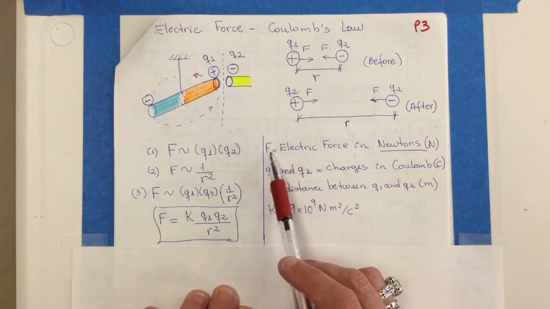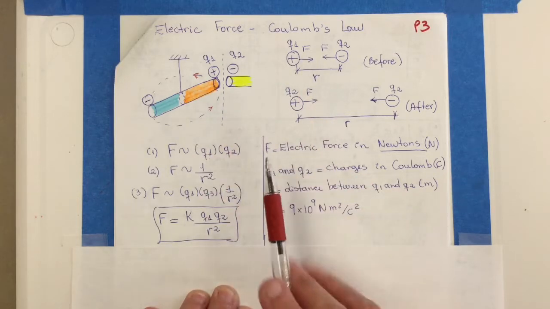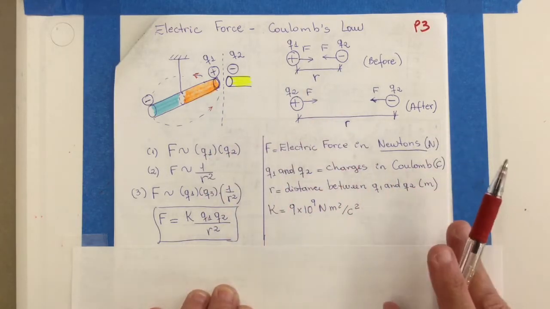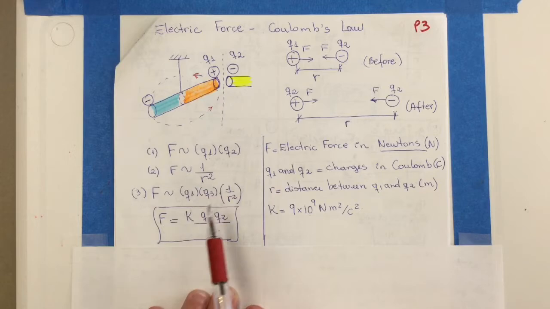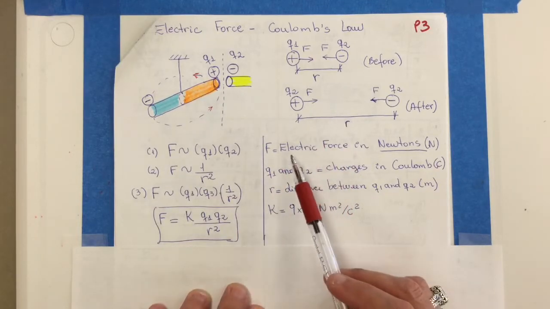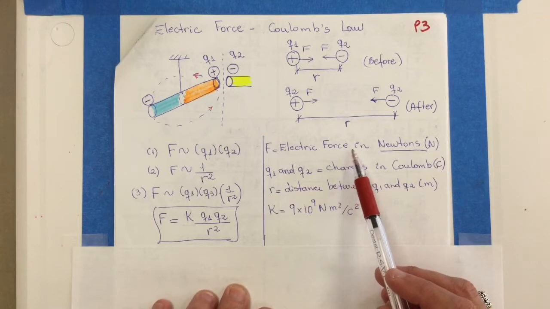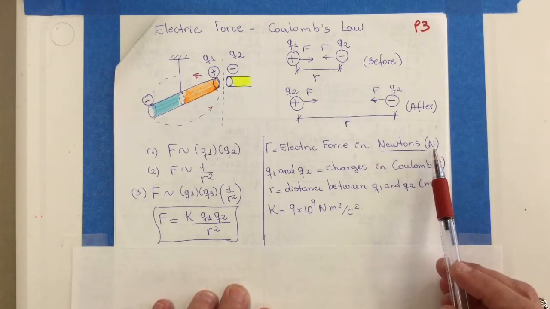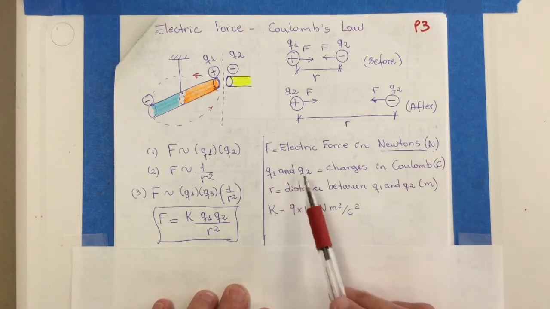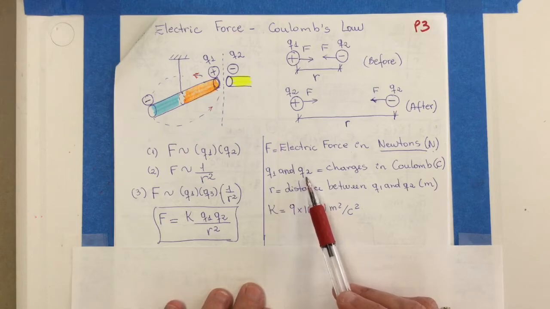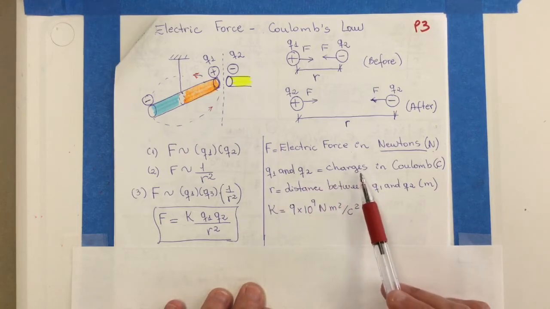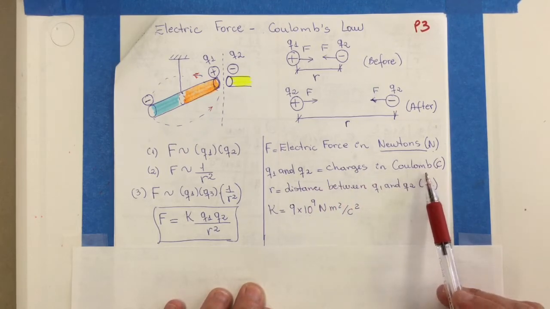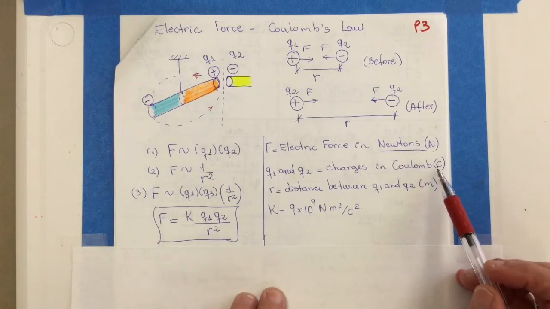This F that we are talking about here: there are forces of all different natures, but this particular one, produced by two charges, is called the electric force. Like any other force, the unit is the newton, or uppercase N for abbreviation. Q1 and Q2 represent the charges in coulombs, or uppercase C as a symbol.